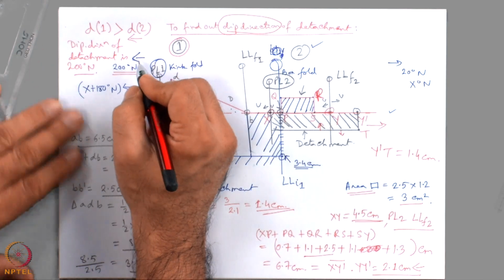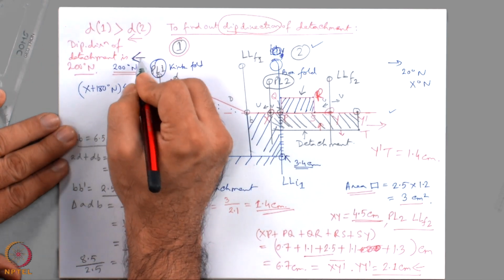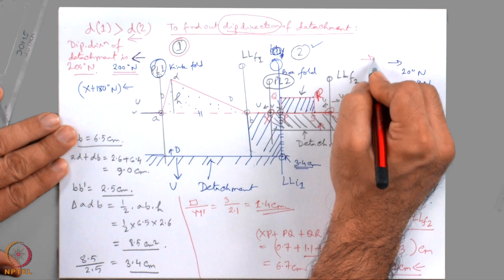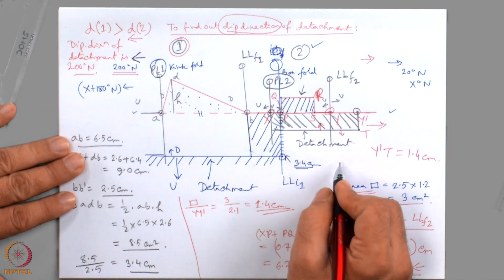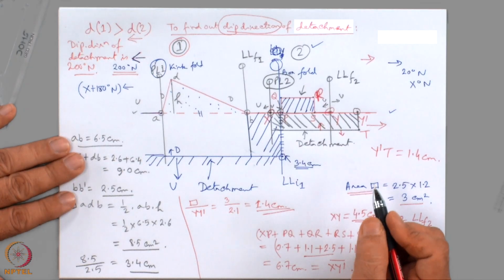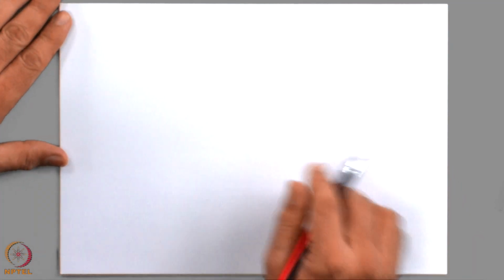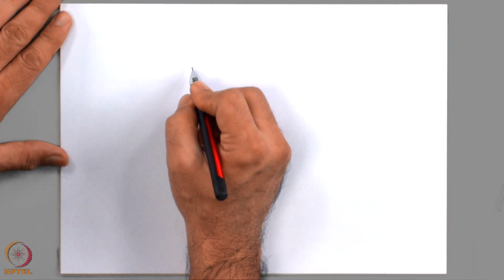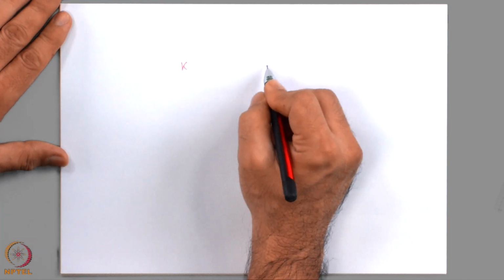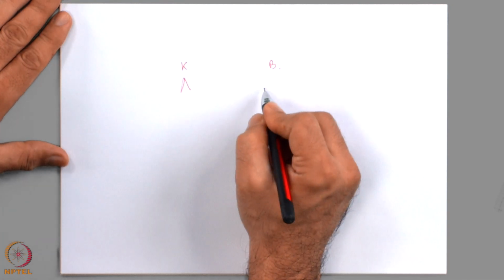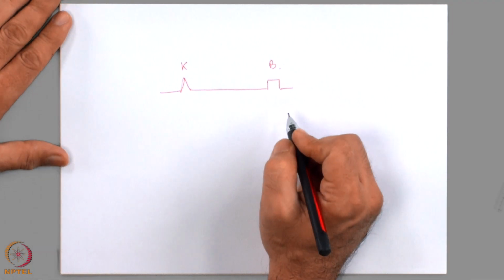So, there were actually 3 possibilities: either detachment dips in the left side direction or to the right hand side direction, or the detachment is horizontal, and in that case it does not dip towards any direction. While explaining dip direction of the detachment, I considered a king fold K and a box fold B like this, and we found the depth of detachment.